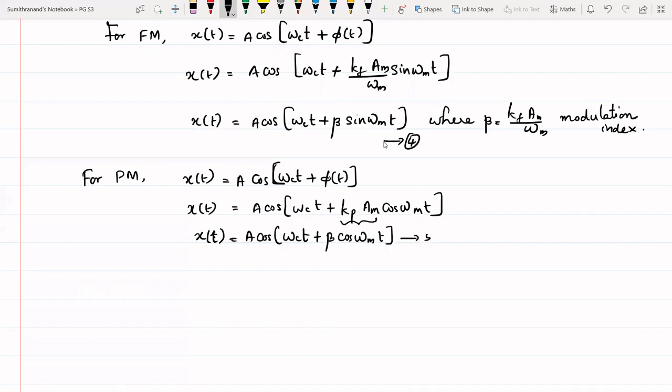Let it be equation number 5, where beta is equal to kp into Am, the modulation index for phase modulation.